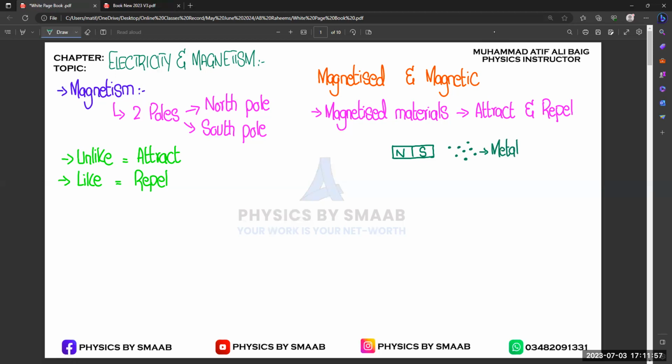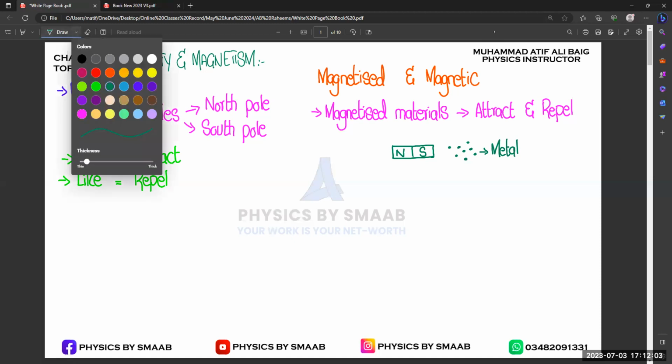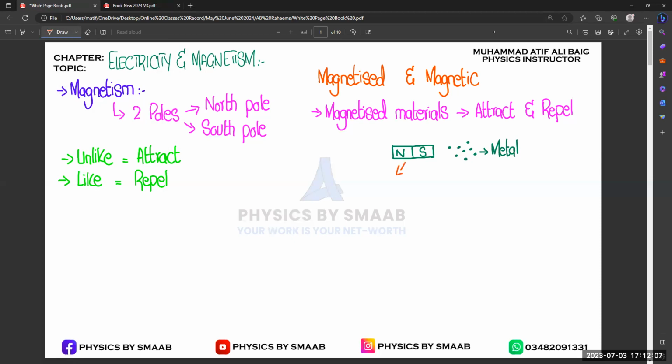Now if you want to categorize between these two examples, we can easily identify that this magnet is a magnetized material, because it can attract or repel, depending upon the condition, whether we place another magnet towards it or work with some different condition.